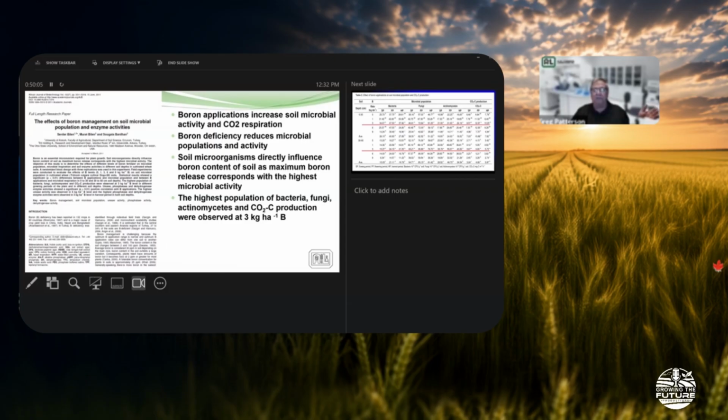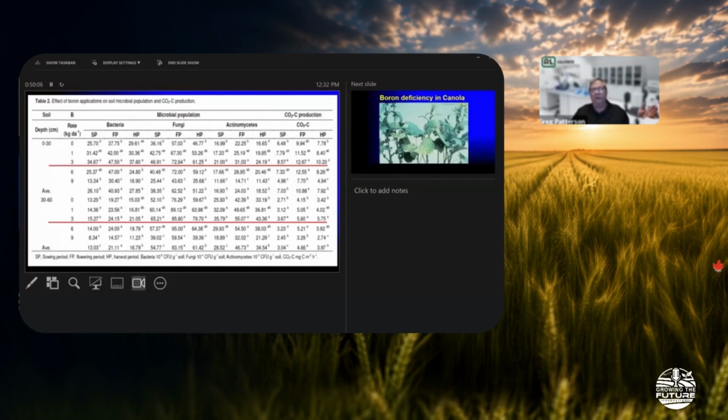It's saying the best microbial activity comes from a field that has an application of 3 to 4 pounds of actual boron per year to keep these organisms healthy. Not just for the plant. Plant needs certain levels of boron in the plant to do what it's supposed to do. But if we want to have healthy biologicals in our soil, we've got to feed that field some boron. So with that, I'll shut up.